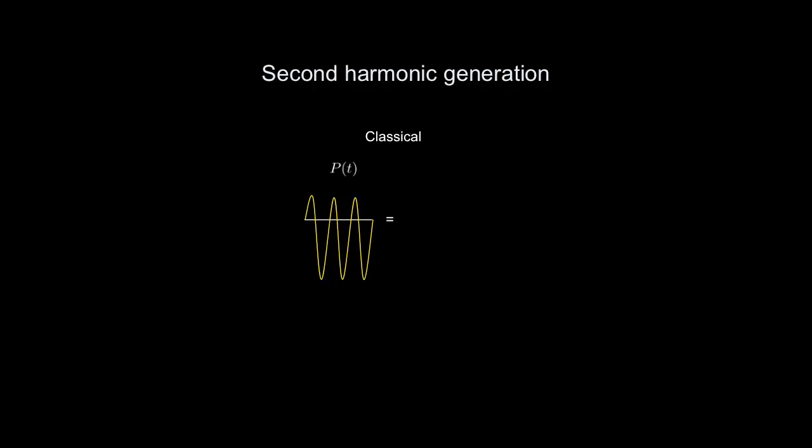In this process, the resulting polarization, we can decompose it into one component that has the same frequency as the driving field, and another component that has a frequency that's twice the frequency of the driving field.